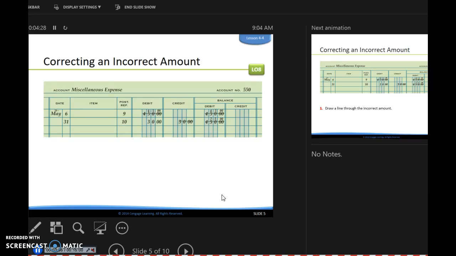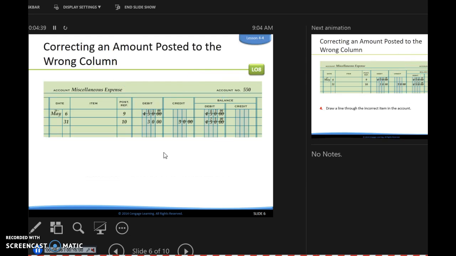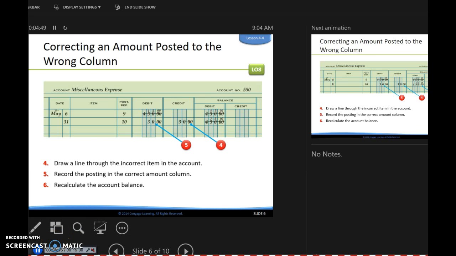So they marked it out in credit, put it in debit, and then calculated a new balance. And this is posting to the wrong column. I guess that was pretty much the same thing.